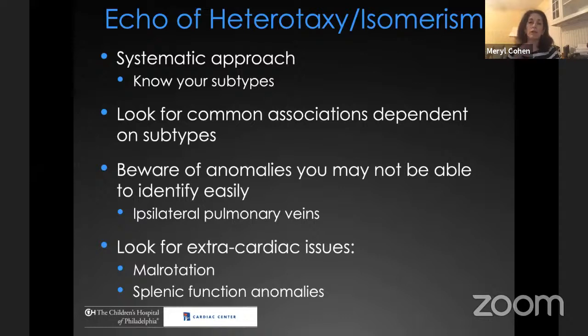And in any patient you suspect of having heterotaxy or isomerism, you have to extend beyond the heart and look for things such as malrotation with upper GI series, as well as splenic function abnormalities, because many of these patients will need prophylactic antibiotics to protect them against infection.